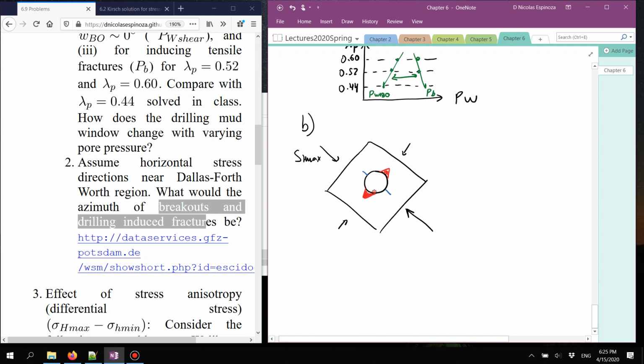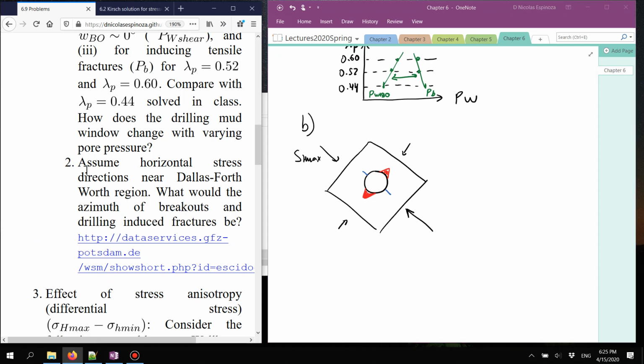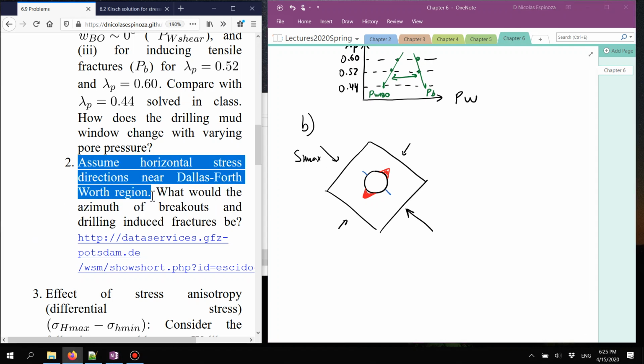And this is extremely useful because if you know the stresses, as in the case that I'm proposing here, this will be the problem where you know the orientation of stress. You could tell what the orientation of these breakouts is and the orientation of the drill-induced tensile fractures, but the opposite is also true.